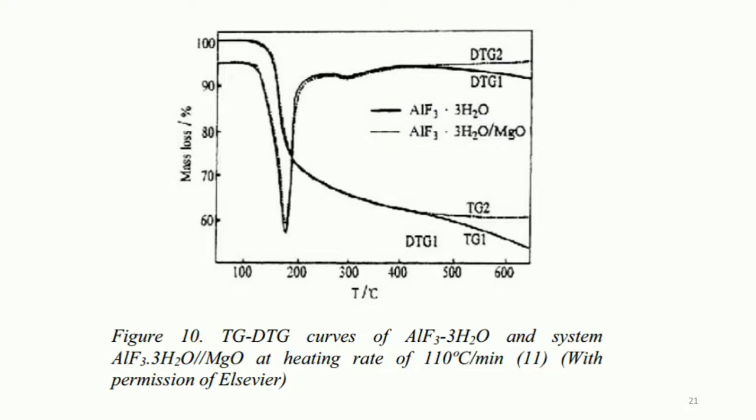The first stage, in the temperature range from 100 to 277 degrees Celsius with a mass loss of 33%, is related to the loss of 2.5 molecules of water from AlF3·3H2O. The mass loss in the second stage, which is about 6.9%, corresponds to the formation of anhydrous aluminium fluoride.